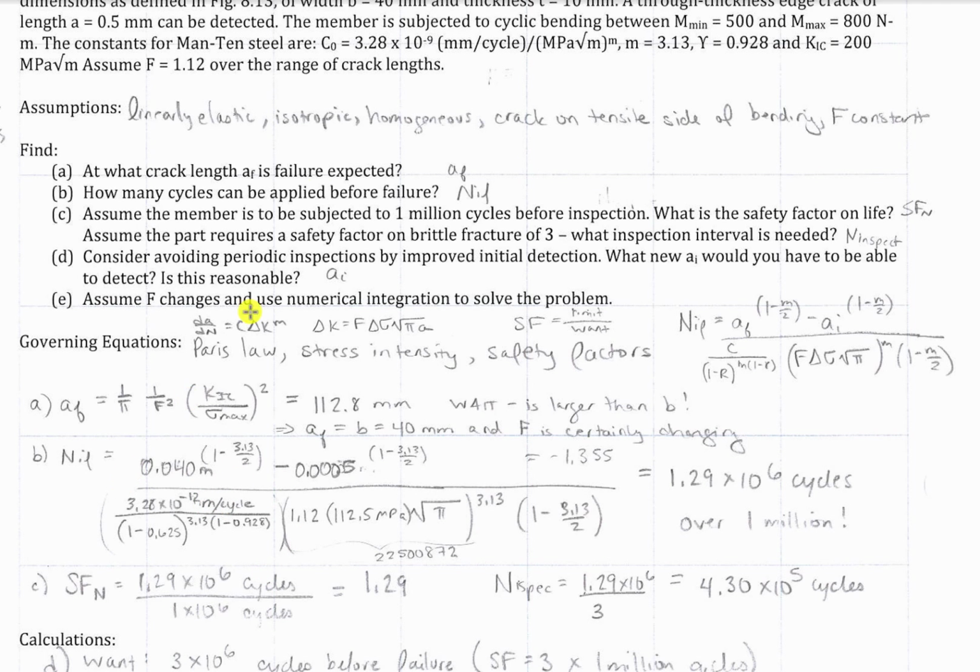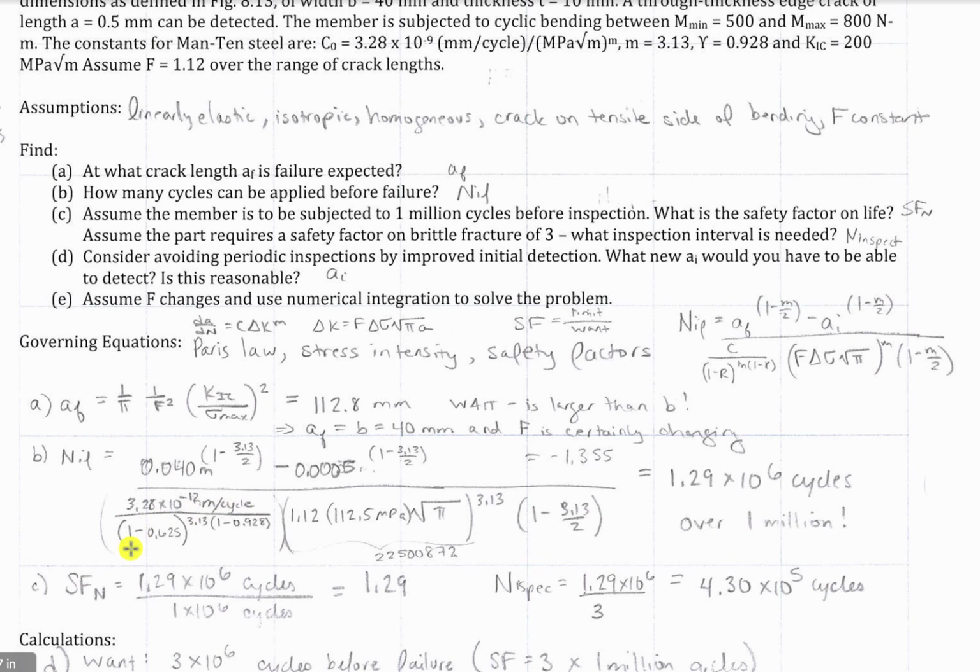I want to scroll up so that we can see our constants that were given. This is going to be the C that now is adjusted for R ratio. So I strongly suggest that we keep our units in meters here and here. If this is given in millimeters per cycle, I divide by 1,000, and I get 3.28 times 10 to the negative 12th meters per cycle.